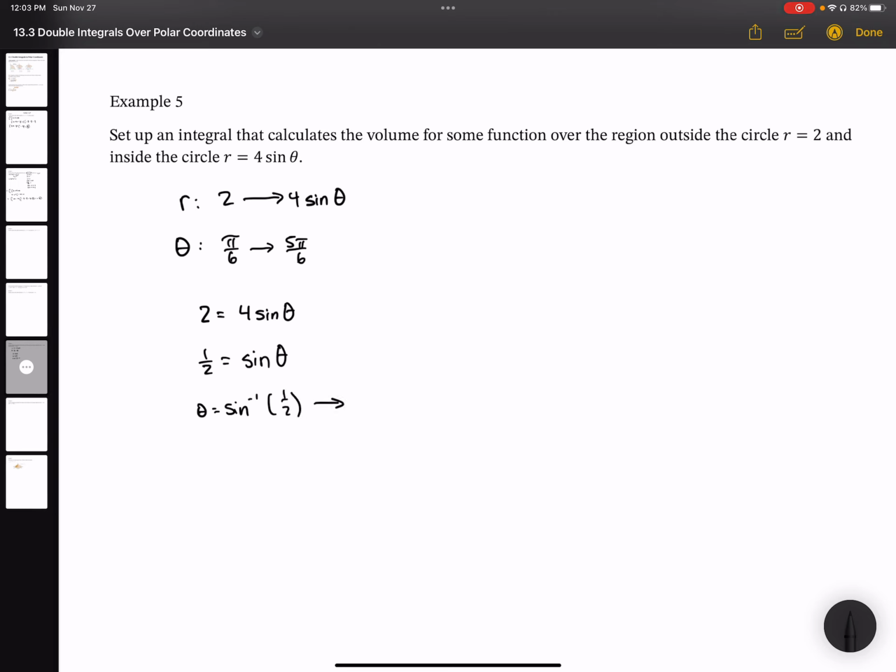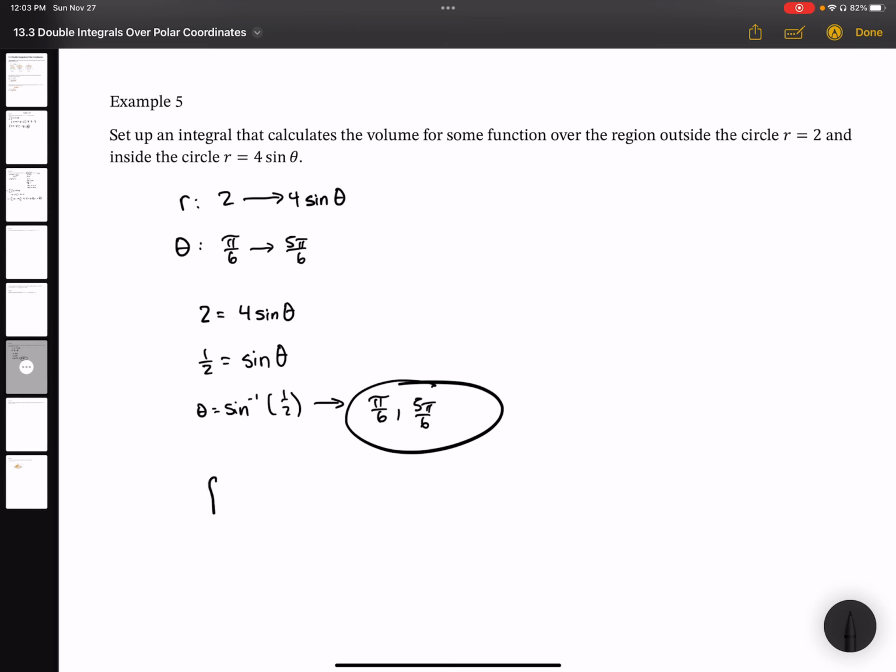And on the interval 0 to 2 pi, that's going to happen at pi over 6 and 5 pi over 6. But they're not unique values. We could have done this if we added 2 pi, so that would be 13 pi over 6 to 17 pi over 6. Any two angles that are consecutive would work. But on the interval 0 to 2 pi, these would work.